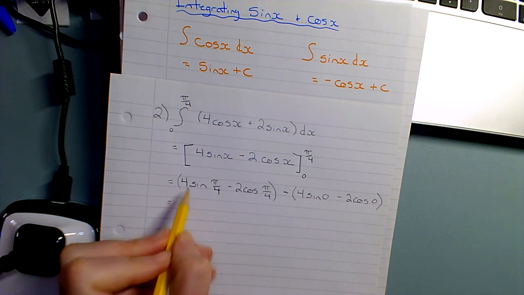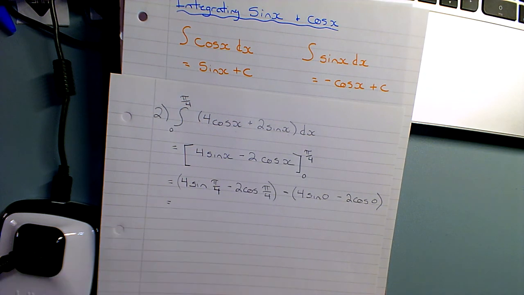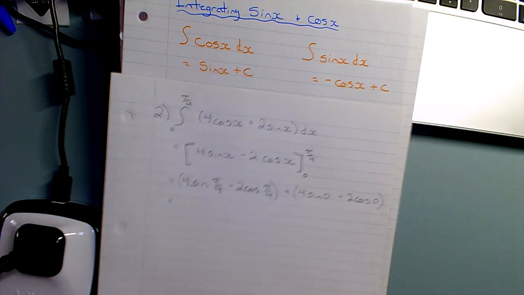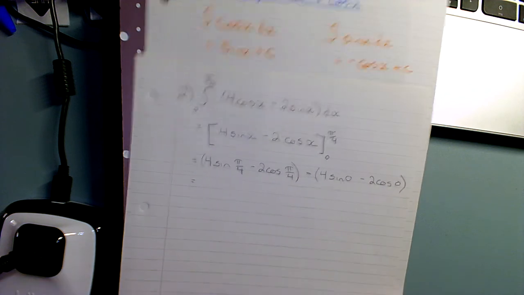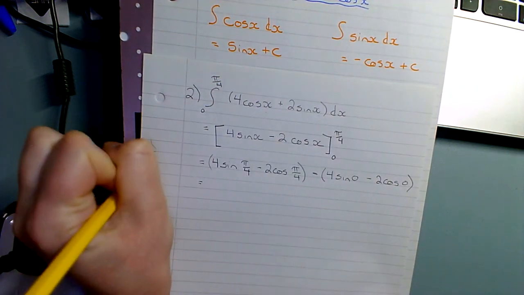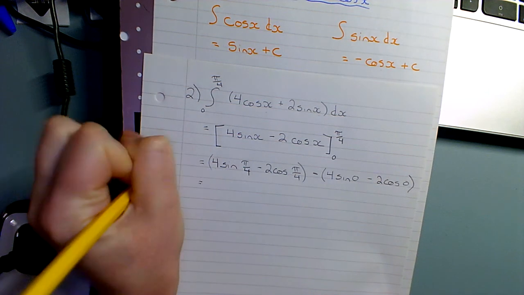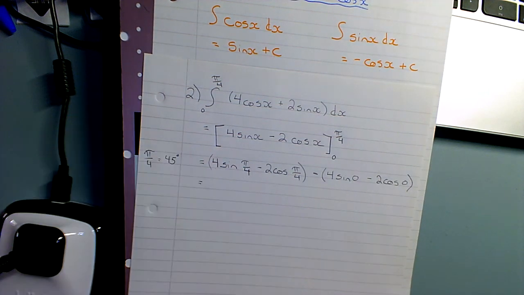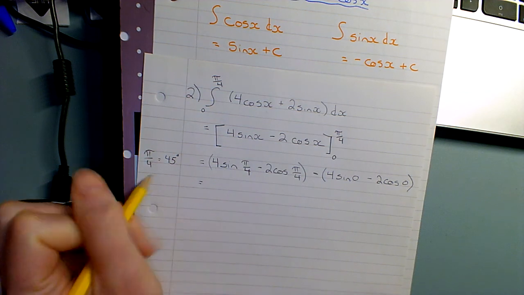Well, we have 4 sine of pi over 4. Pi over 4 is our 45 degrees. So we want to find the exact values of 4 sine pi over 4.